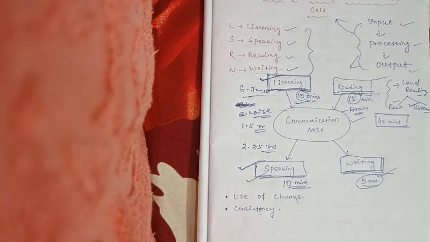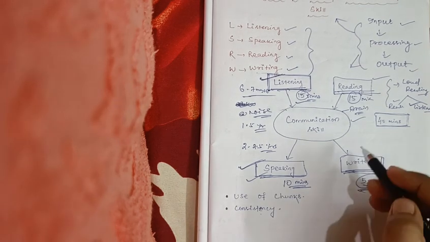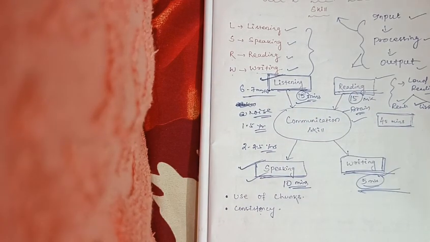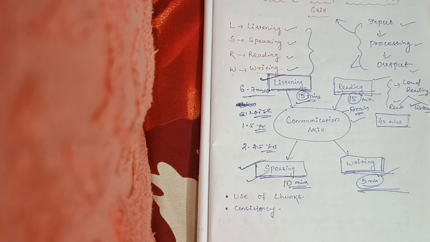So when we rectify our own mistake, then in future we are not going to make that same mistake again while speaking. Okay, so this is called the communication skill model. This model is necessary for developing the communication skill.